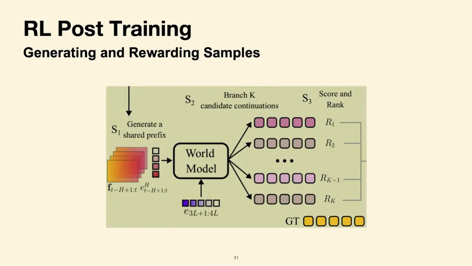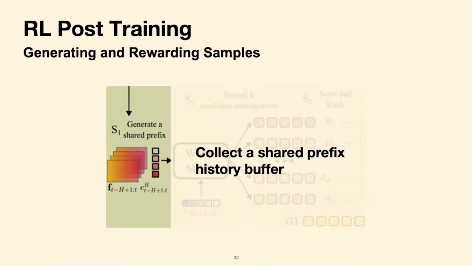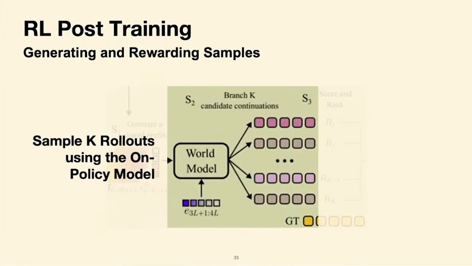And similar to most modern RL post-training strategies, it happens in 2 stages. In the first stage, we are trying to just generate samples. And how that works is we take our corrupted history buffer, we pass it to a world model, and we generate K future samples. This is like a GRPO style K future continuations for this action.